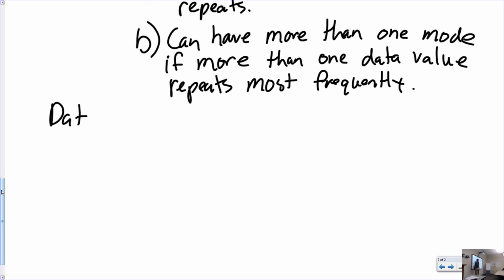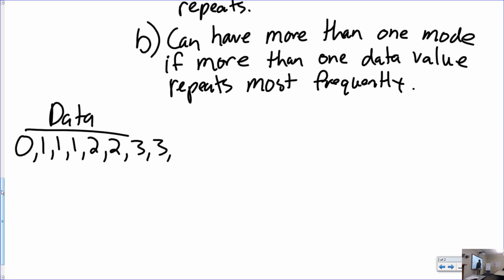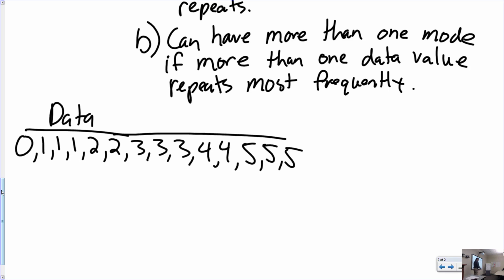So let's suppose we had this set of data. What's the mode of this set of numbers? One, 3, and 5.